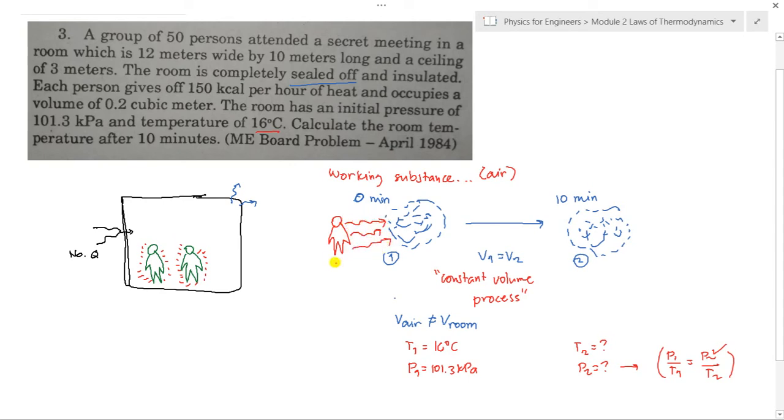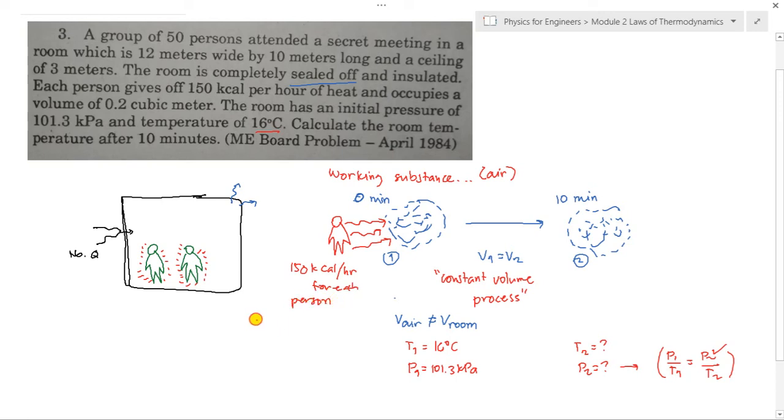Okay? Dagdag na siyang heat input, and that is 150 kilocalorie per hour for each person.